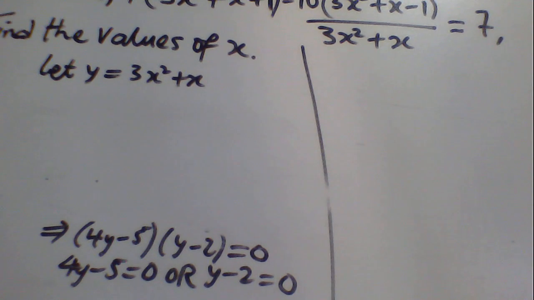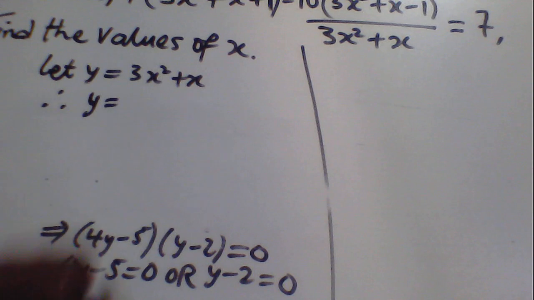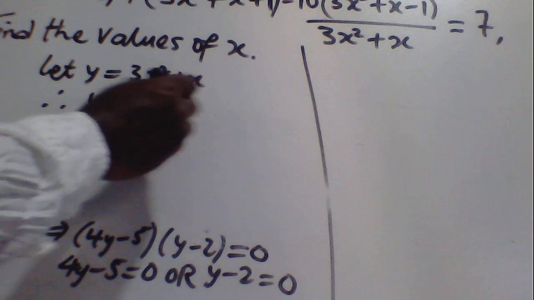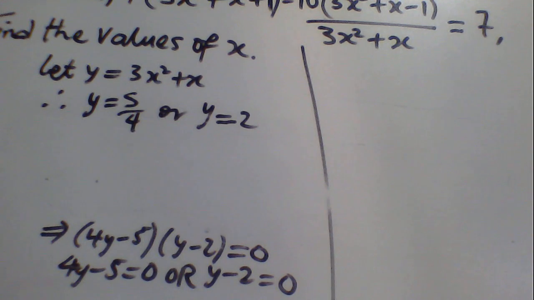At this point, you have to find y. How do we get y? Once we arrive at this point, we know that 4y equals 5, so y is equal to 5 divided by 4, or y is equal to 2. So you have gotten two values of y.